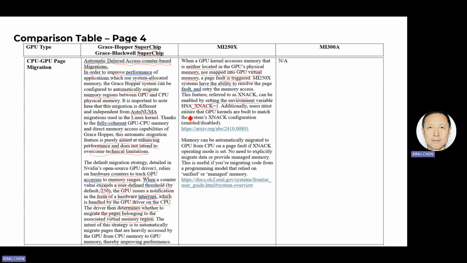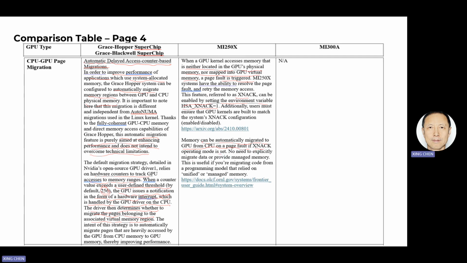Additionally, users must ensure that the GPU kernels are built to match the system's XNACK configuration. In that case, if this has been enabled, memory can be automatically migrated to the GPU from the CPU on a page fault if this one is set.